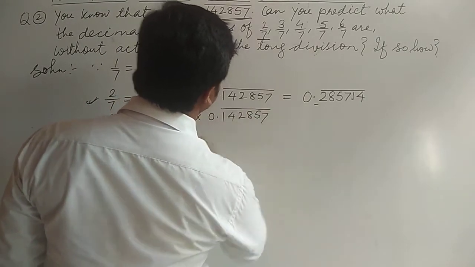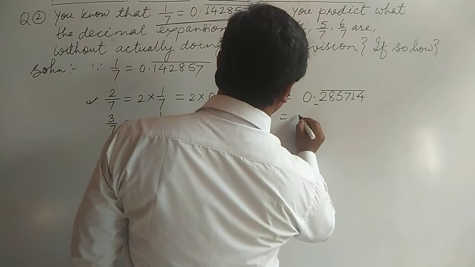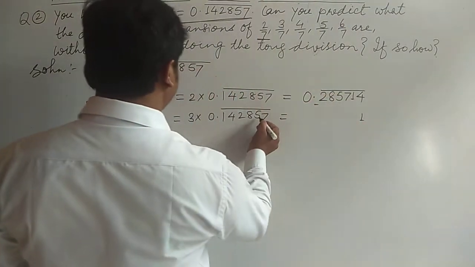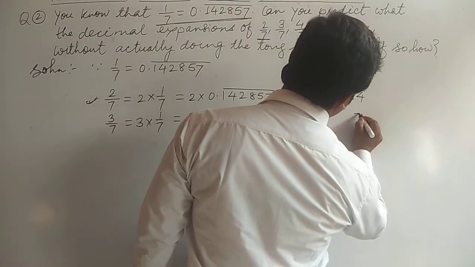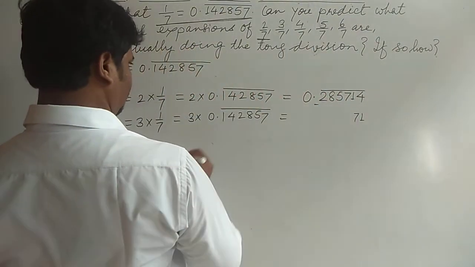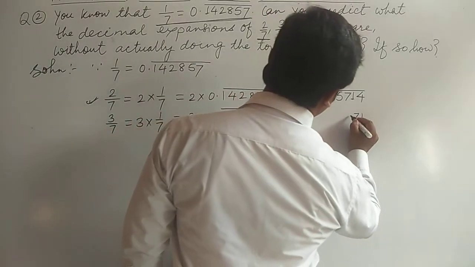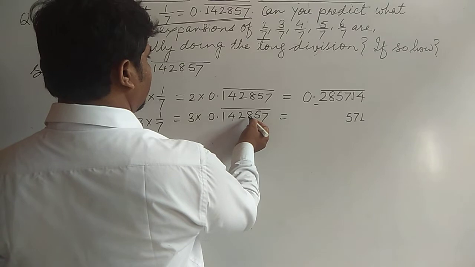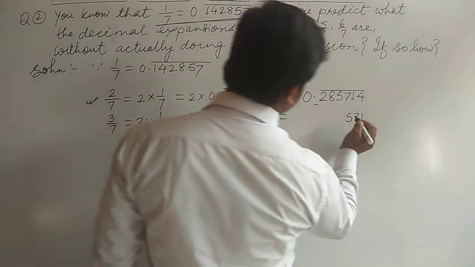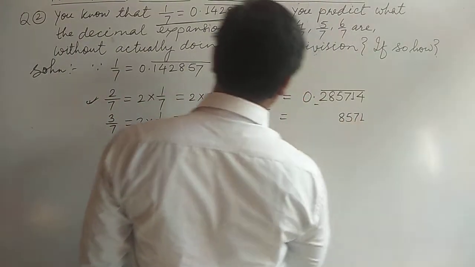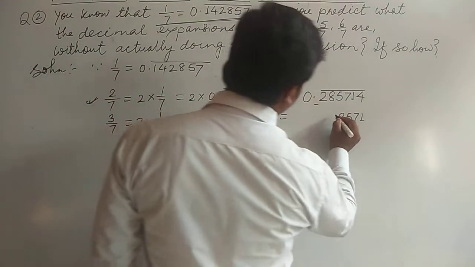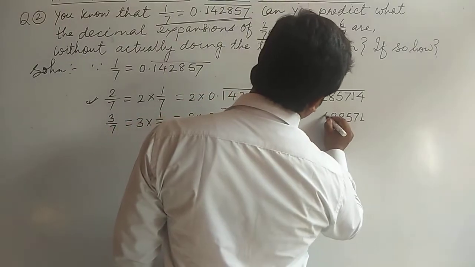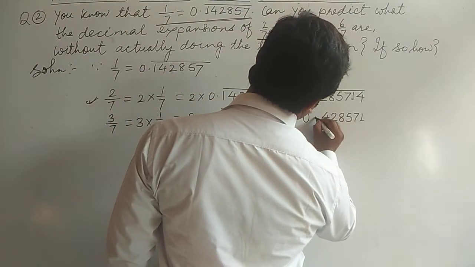0.142857 repeating? Now we will multiply: 7 times 3 is 21, 5 times 3 is 15, 2 carry, 17, 1 carry, 8 times 3 is 24, plus 1 is 25, 2 carry, and 3 times 2 is 6, plus 2 is 8, 4 times 3 is 12, 1 carry, 3 times 1 is 3, plus 1 is 4, 0 point.